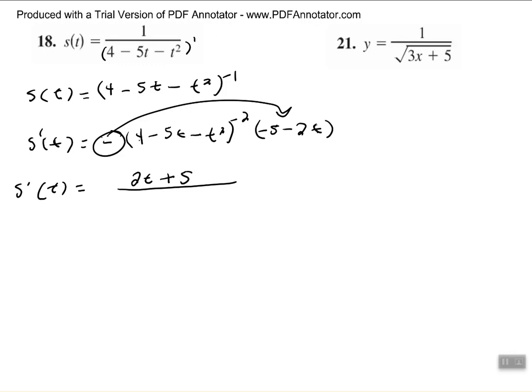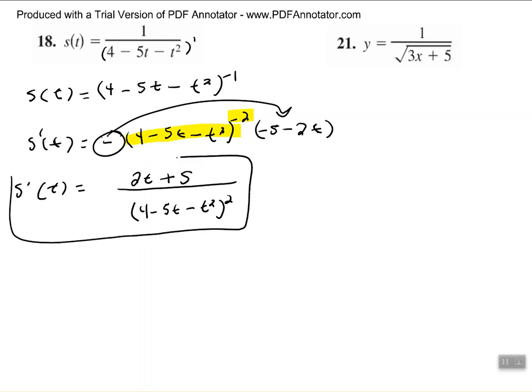And then I'm going to move this down to my denominator to change the sign of the exponent. All right, so you end up with 2t plus 5 all over 4 minus 5t minus t squared to the second power.